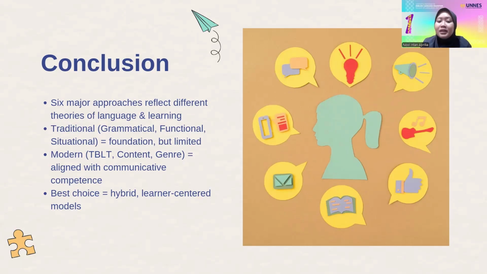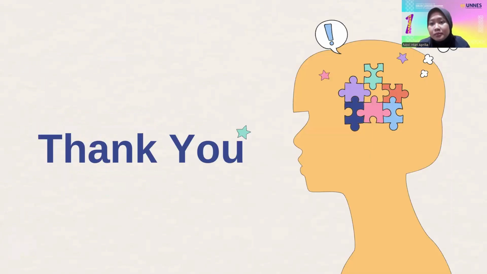And we have modern syllabi like text-based, content-based, and genre-based syllabus, which align with communicative competence. Okay, the best choice for building a syllabus or approach, we can choose hybrid or learner-centered models.